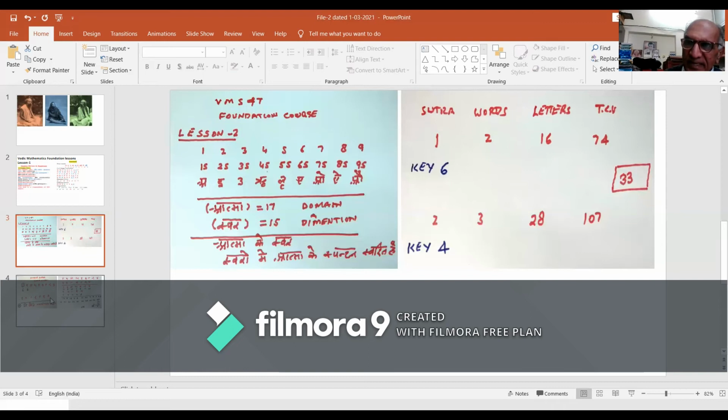This is the inherent organizational feature of the alphabet, and these are the inherent values of Vedic mathematics.